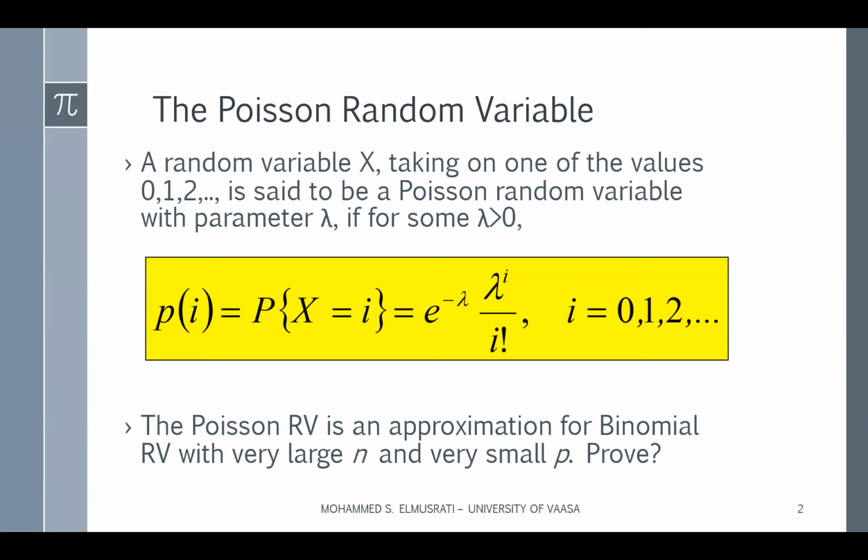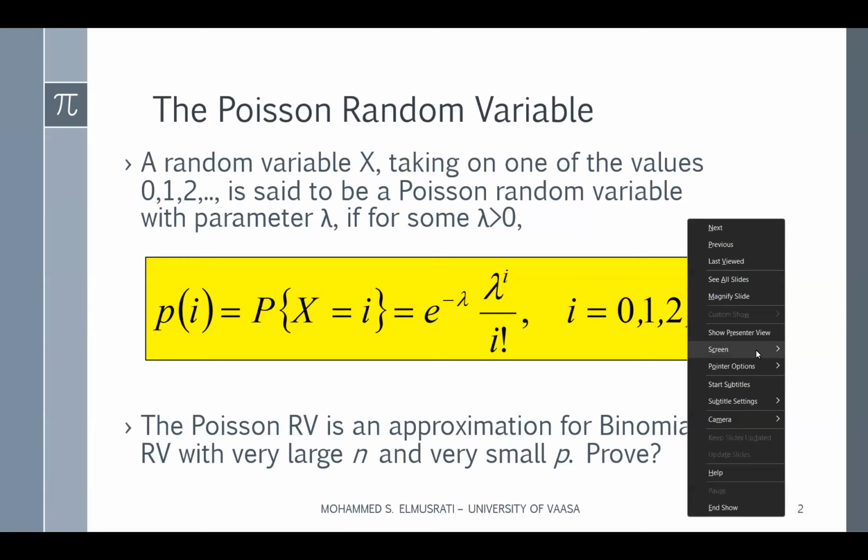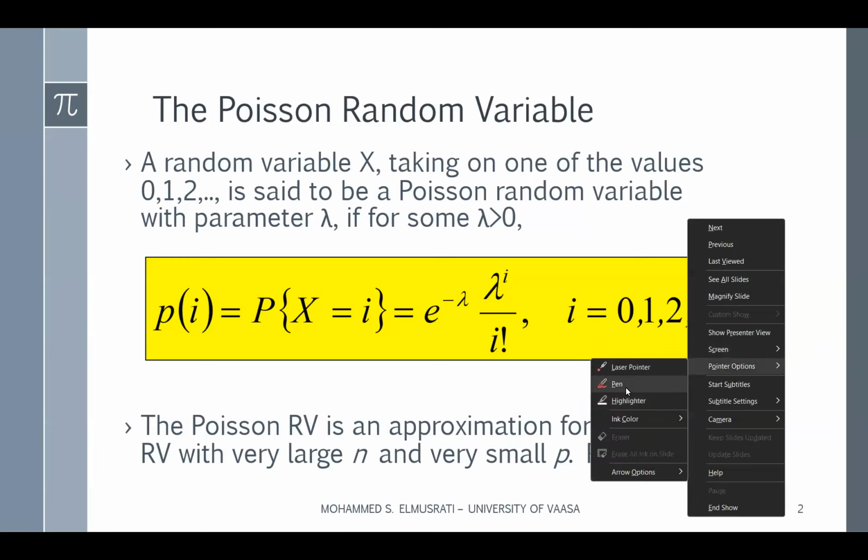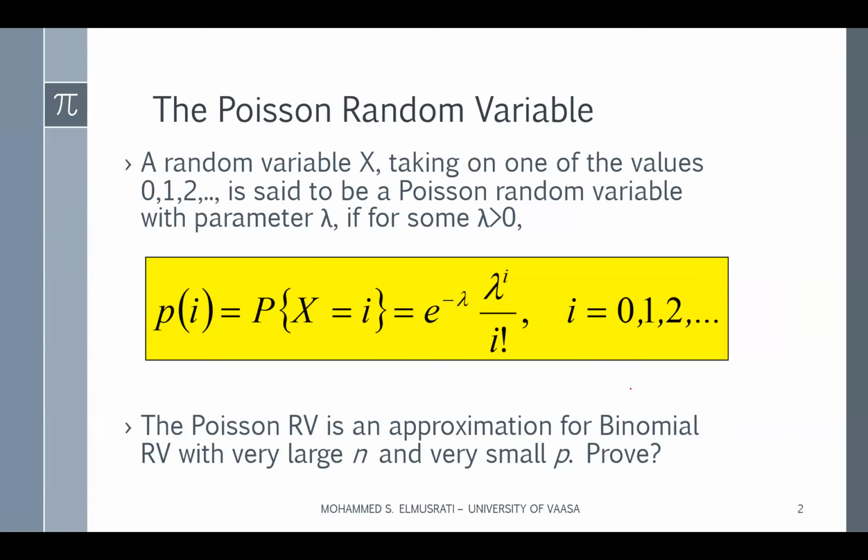Maybe I can write here. In the binomial distribution, as you remember, we ask what is the probability that we get k successes out of n trials.